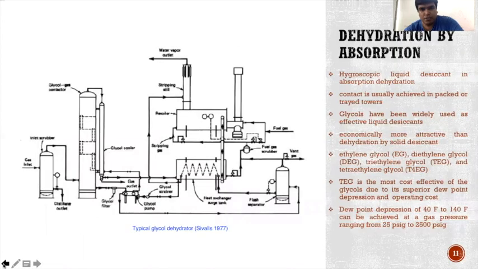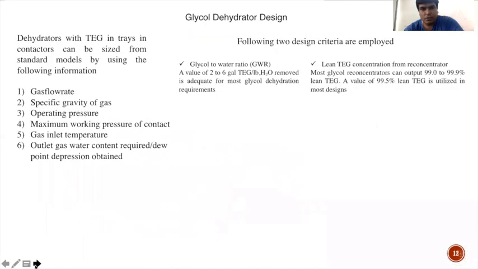So there are two major processes used to separate the water from the natural gas system. Now, today, in brief, we'll discuss the design of the glycol dehydration system, and then we'll move to the removal of acid gases from the system.